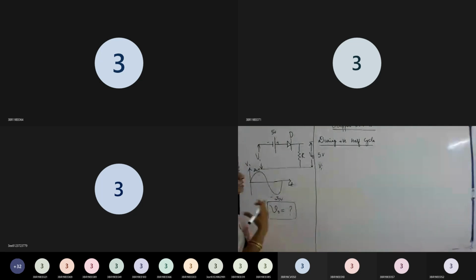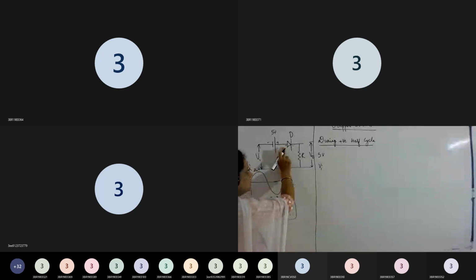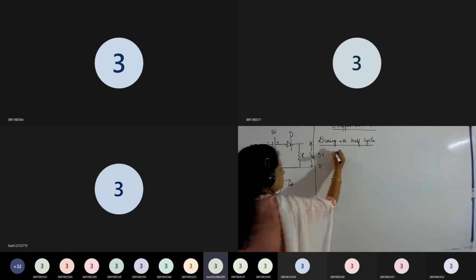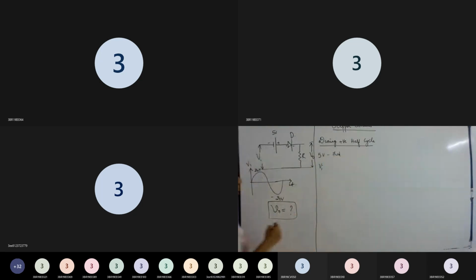Let us see how these are affecting the performance of the diode. Observe the battery, how it is connected. Positive is connected to positive of the diode, right? So this battery is making the diode forward bias, or conduct.